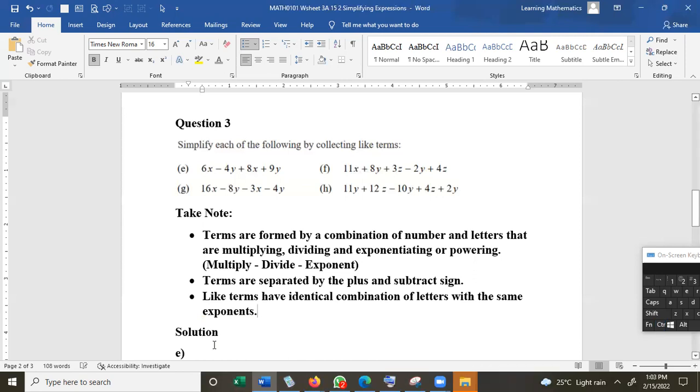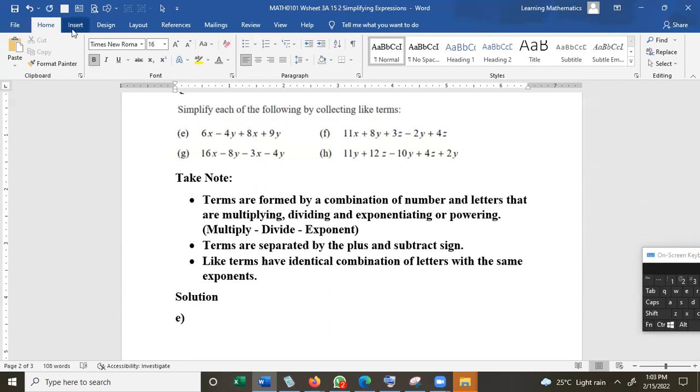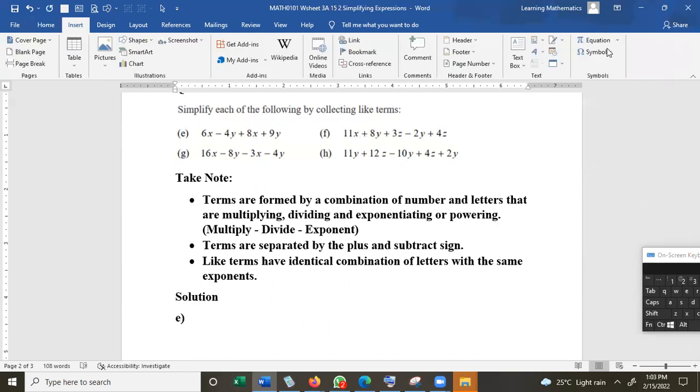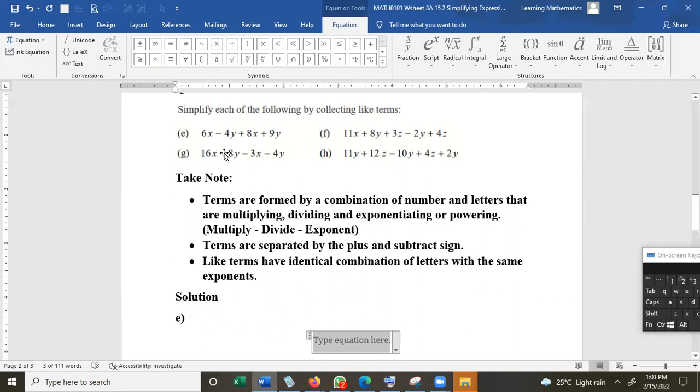So for example, when we look at 6x, we look at negative 4y, we look at a plus 8x, we look at a plus 9y. 6x is a term.